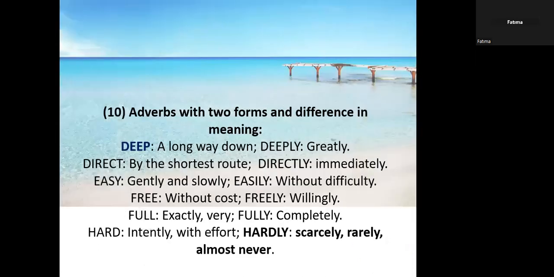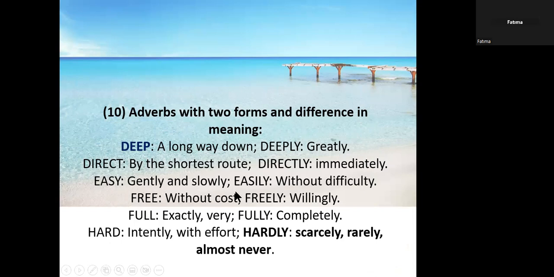Ten. Adverbs with two forms and different meanings. Yes, they have two forms, but they have different meanings. Deep means a long way down. Deeply means greatly. Direct, by the shortest road; directly, immediately.